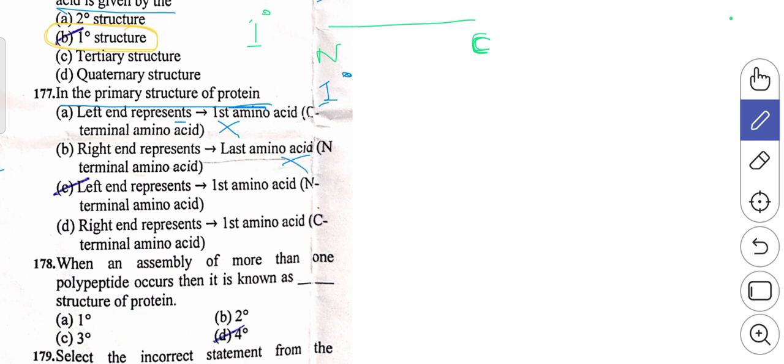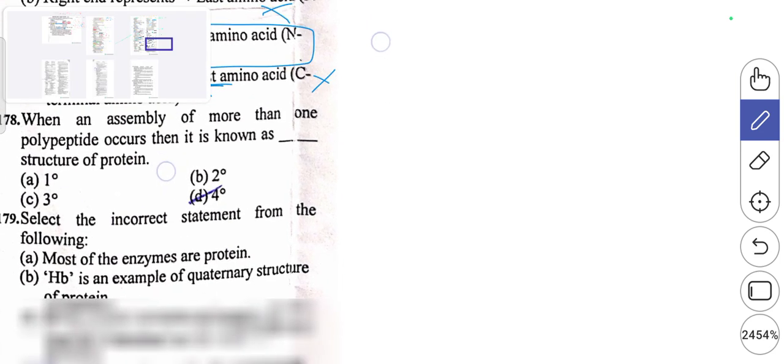Left represents first amino acid, that is N, so this is true. Then fourth one, right end represents first amino acid C terminal. It has to be last, so this is wrong. So for this one, in the primary structure of protein, the left end represents the first amino acid, that is the N terminal amino acid.